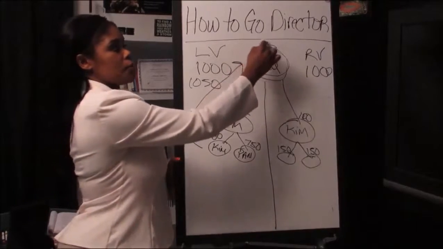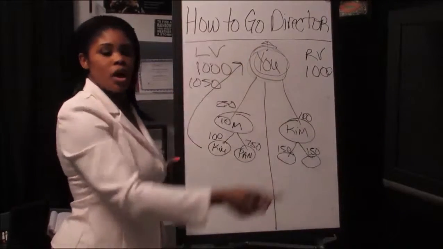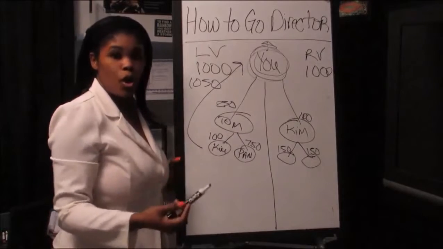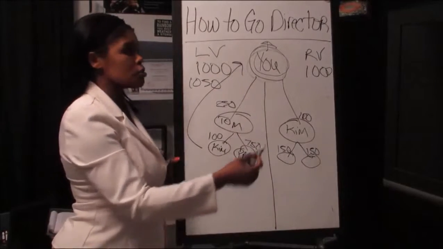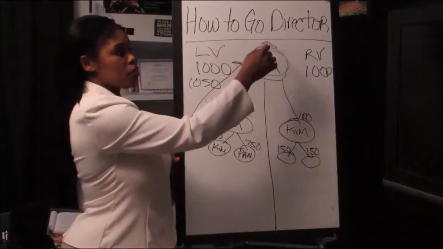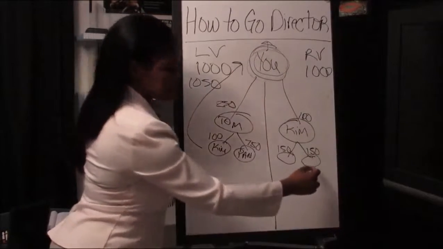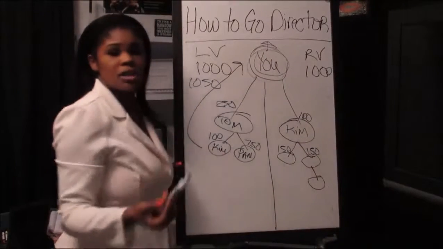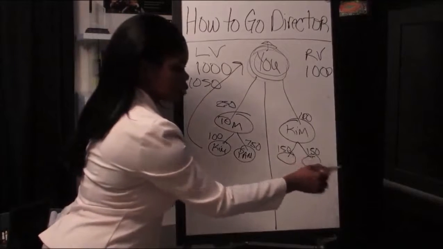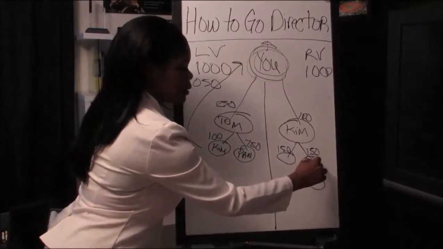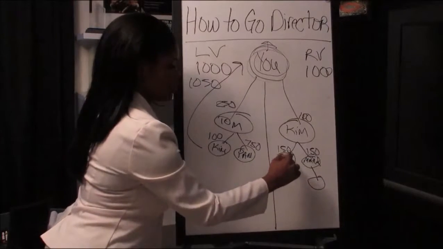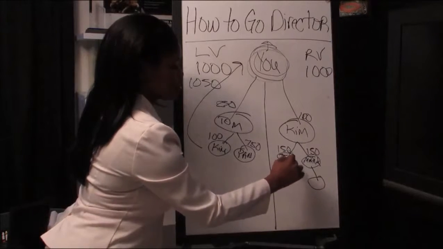your sponsor, the person above you, the points also fall below, and people that enroll come in one behind the other. So say for an example, your sponsor enrolls somebody and it goes down, and it has to go to the next spot, which is, we're going to say this is Mark, and this is Tom number 2.